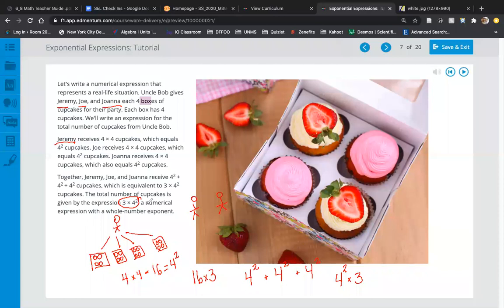But just remember, in math, there's a property called the commutative property. So multiplication is commutative. What that means is I can swap the order of these. So 3 times 4 squared is the same as 4 squared times 3, right?